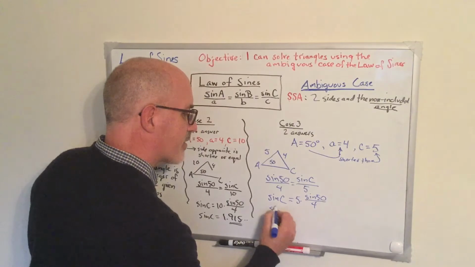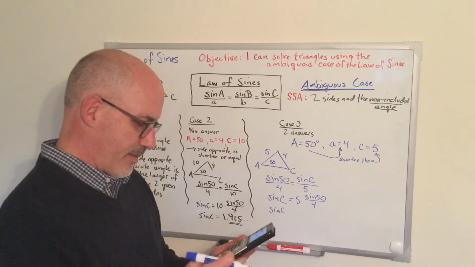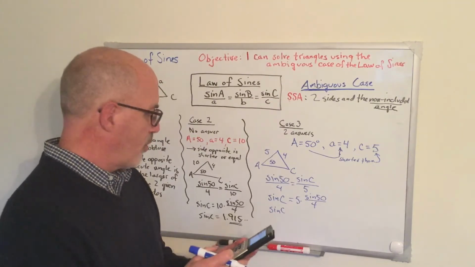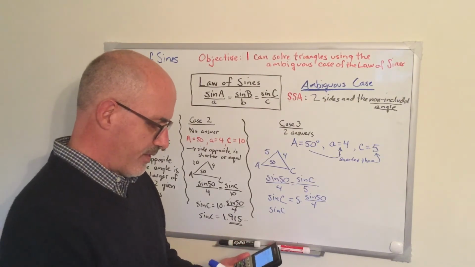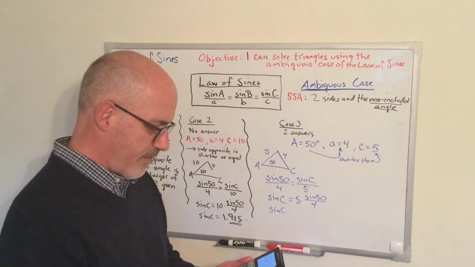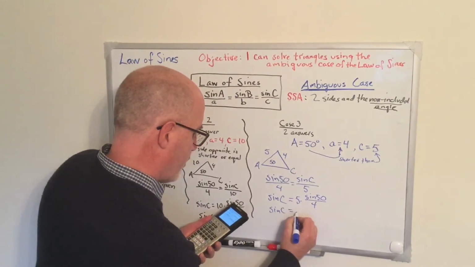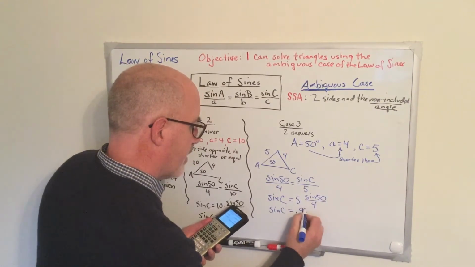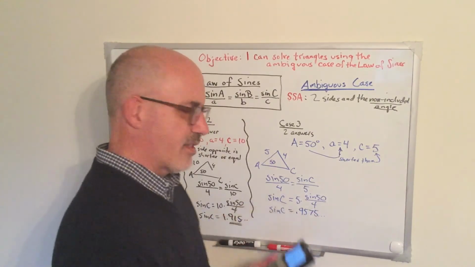Let's see what that gives us when we do that. So when we calculate that, we get 5 times sine of 50 divided by 4, and we get sine of C equal to 0.9575, and it keeps going with more 5s, etc.